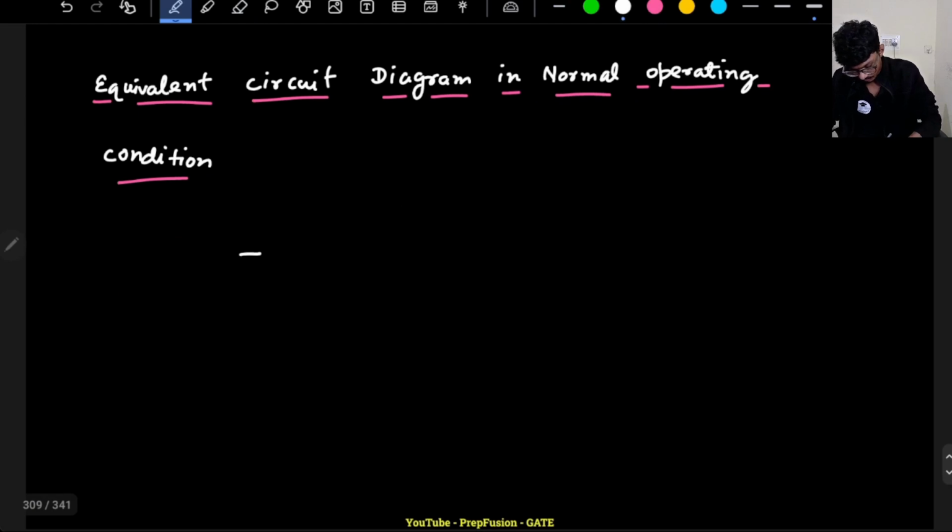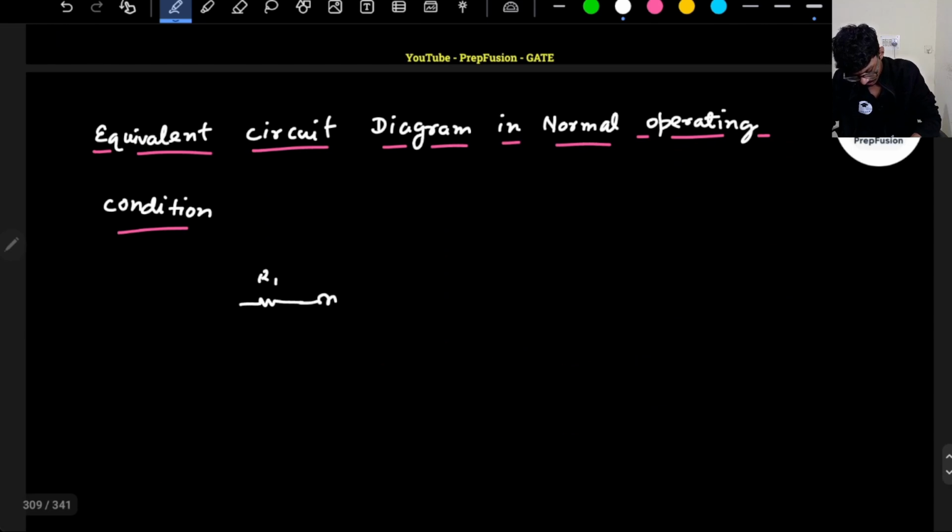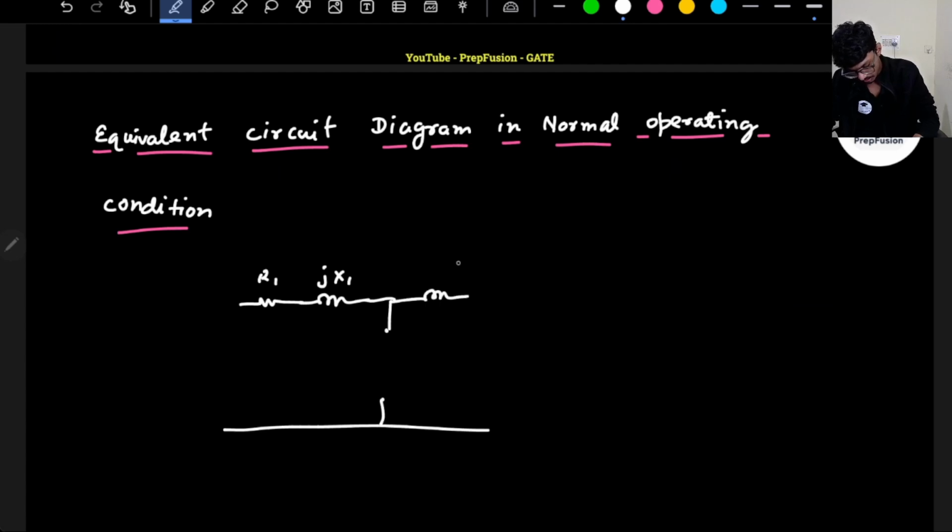So basically I will have this resistance R1, and XM they have not mentioned, right, there is no XM, so I will neglect the XM. Basically I will have this jX1, then the XM is not present, so I will consider it as open circuit. I will have the jX2, and this will basically be R2 divided by S.